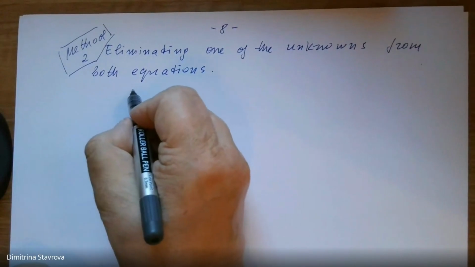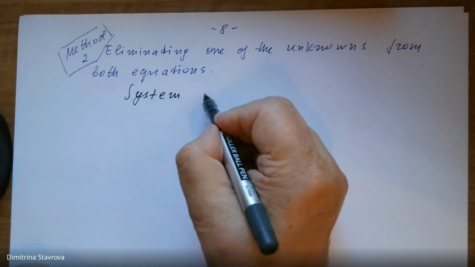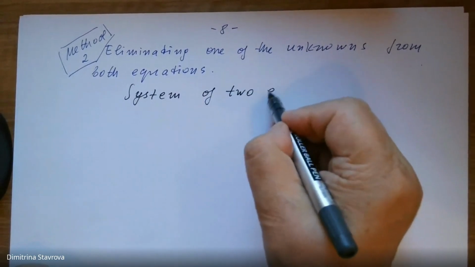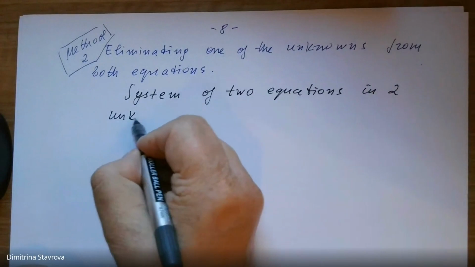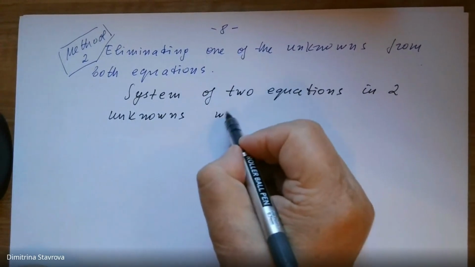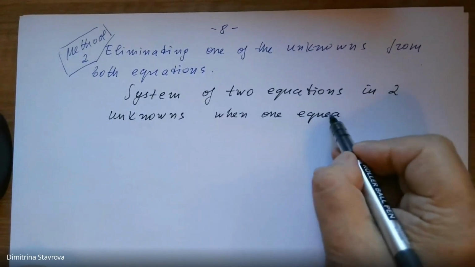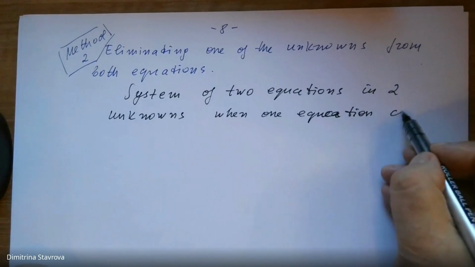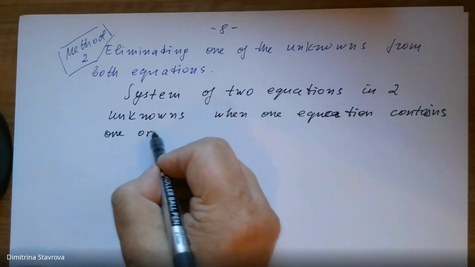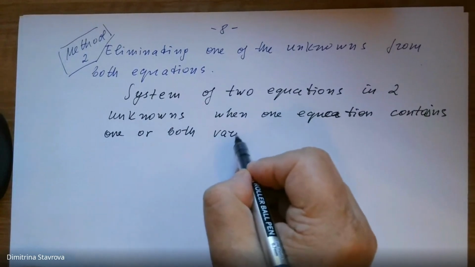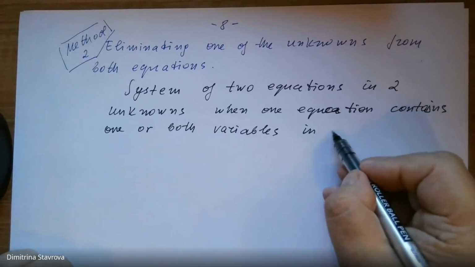For example, what would happen in a system, and how we can act, of two equations in two unknowns when one of the equations contains one or both variables in degree 2.